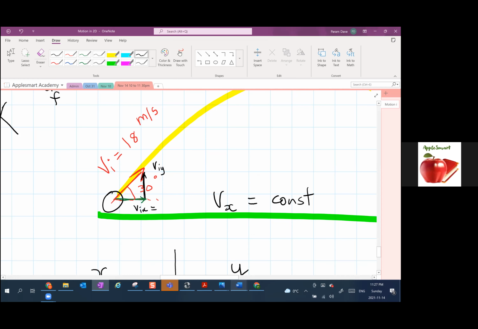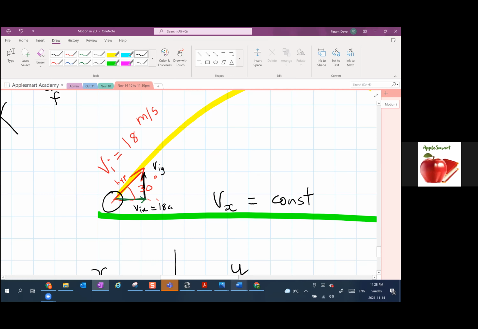I know the angle, I know the hypotenuse. How would you do that? Vix is the adjacent one to 30 degrees, so you can do the hypotenuse times cos of 30 degrees.